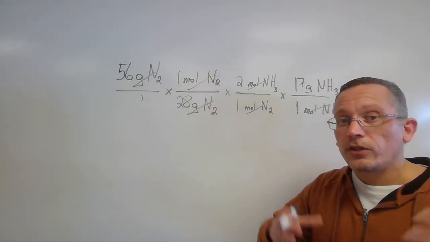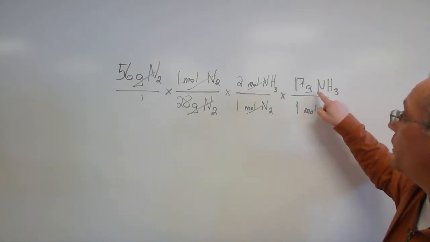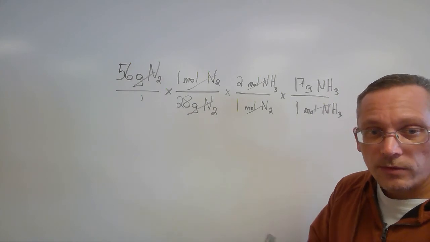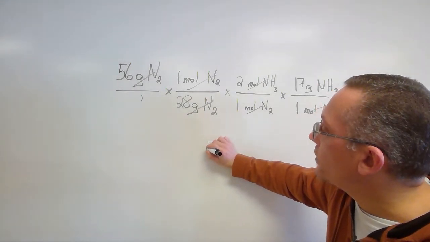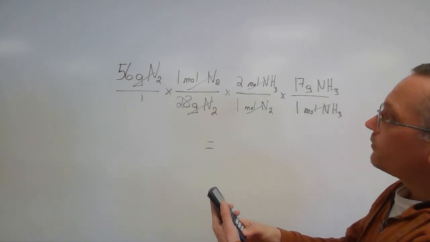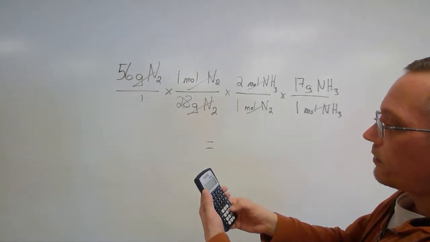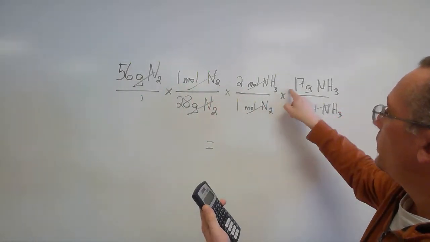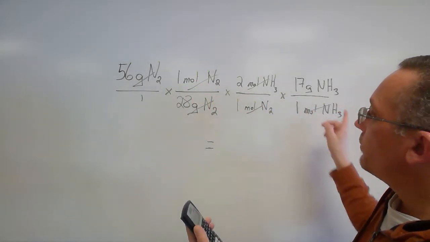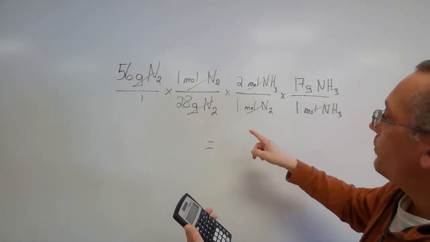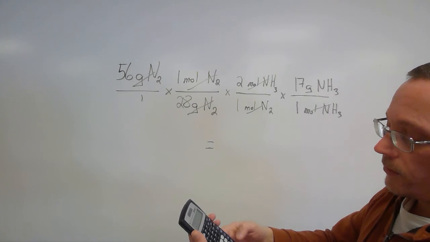The question asked me to find grams of ammonia, and here I have grams of ammonia. So I'll get my calculator out and I'll do the math. I'm going to write the answer down here because I'm running out of space over there. And let me see, I've got 56. I'm going to skip that one, times 2, times 17, divided by, I'll skip that one, divided by 28, divided by, and those are both ones, so I'll skip those.